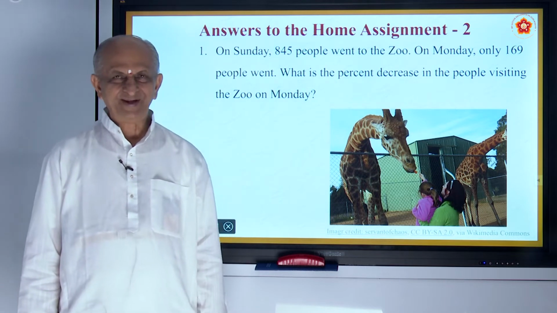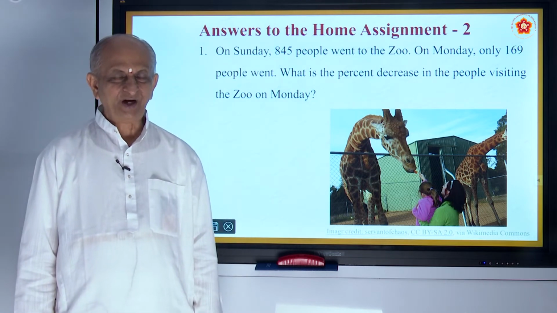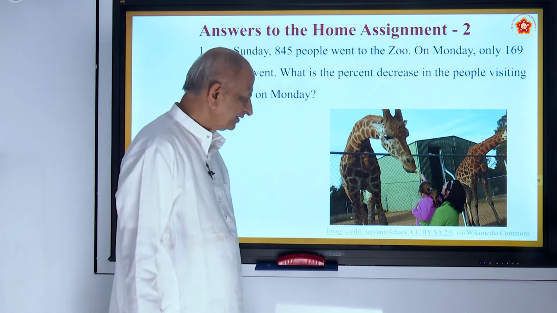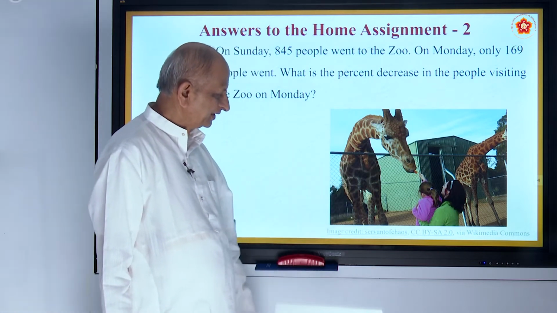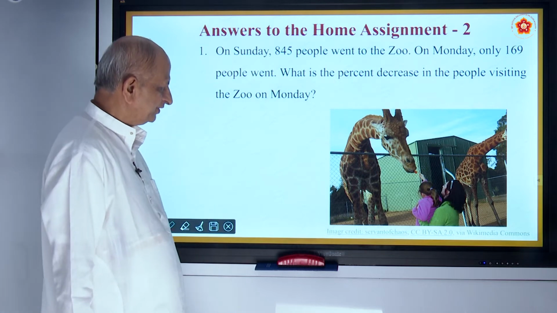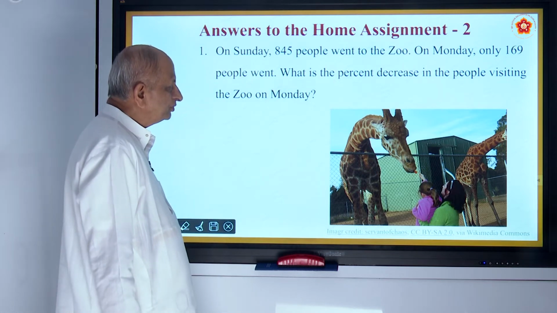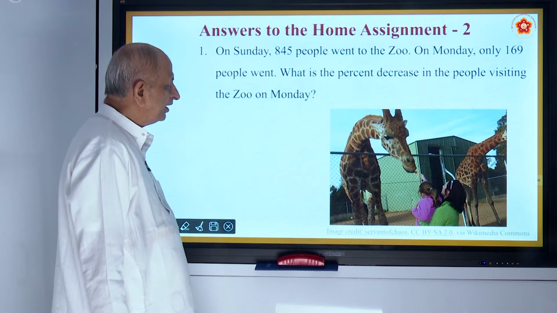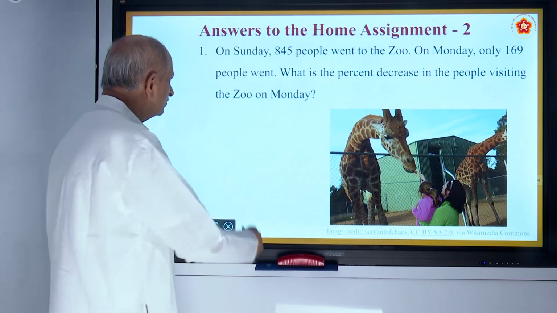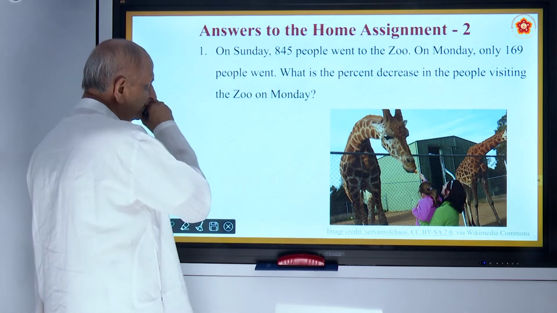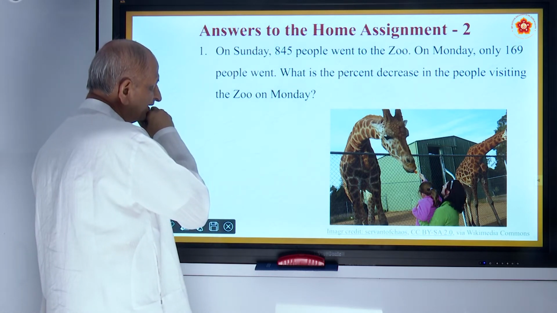Where do you find giraffes? Mostly in Africa, is it not? Here the kids are playing with the giraffe, giving some eatables to it, right? So on Sundays there were a lot of people. Usually there will be a big crowd. So you can write these steps. They are asking percentage decrease.